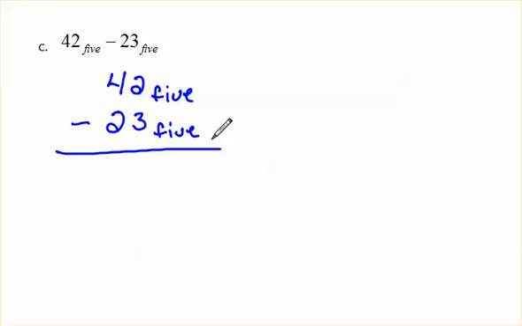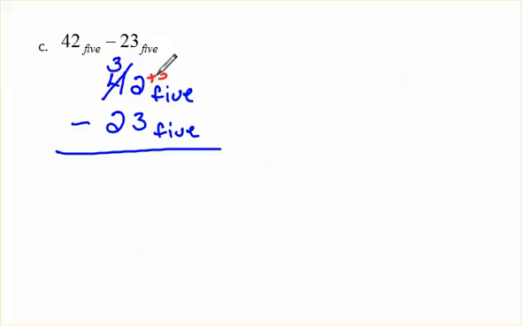So here we have 3 from 2. Well, we can't take 3 away from 2, so we're going to have to borrow, which leaves us with 3 groups over here instead. And we're turning that into singles. But remember, we're working in base 5, so we have to add that as a group of 5.